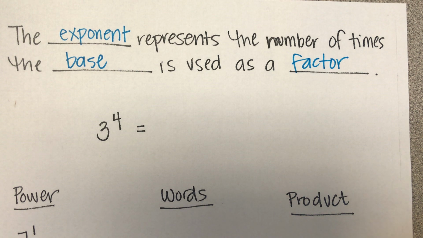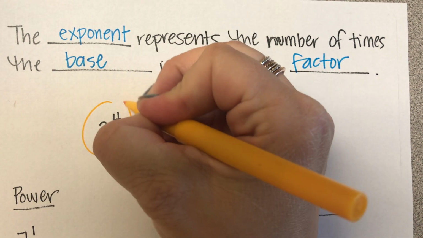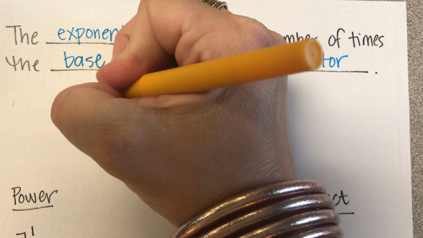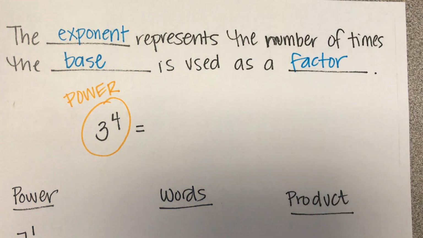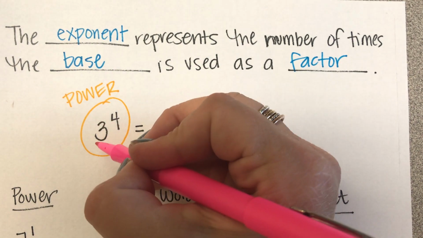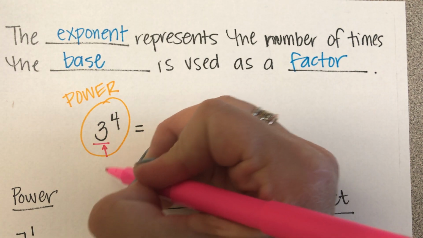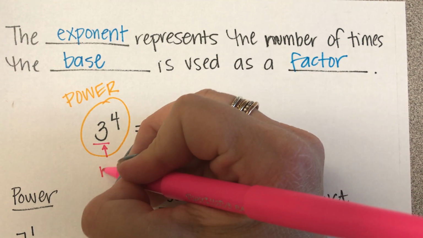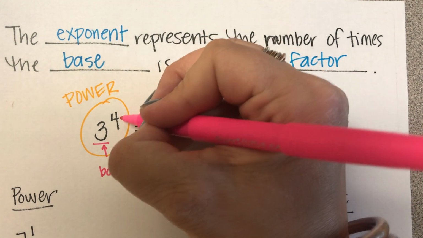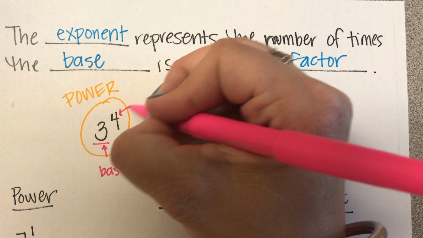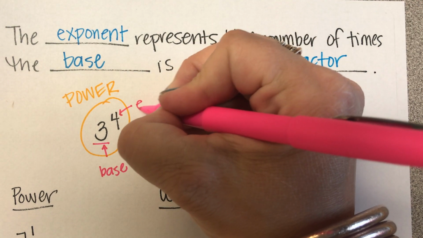The entire thing is called a power. That whole expression is a power. 3 is the base, and 4 is the exponent.